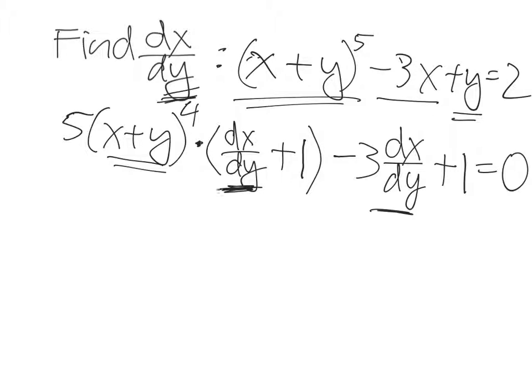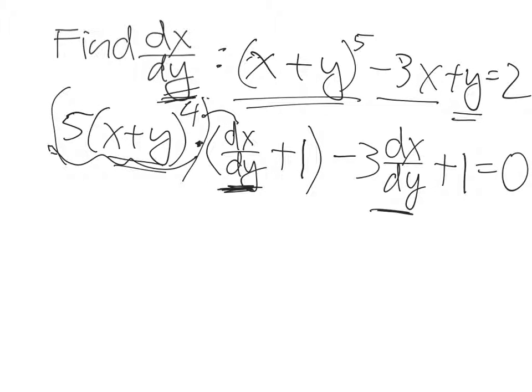Well, this part is actually, we'll have to, there's many different ways to look at this, but probably the easiest way, this is really just a monomial, one term, because it's 5 times that quantity to the 4th power.